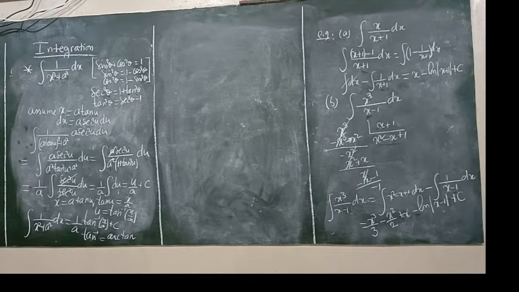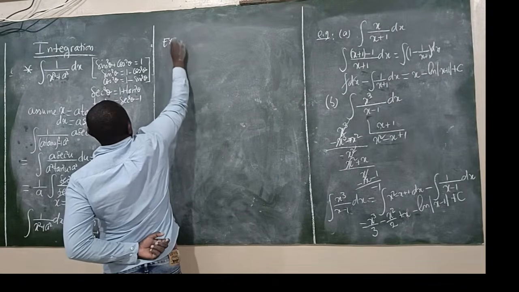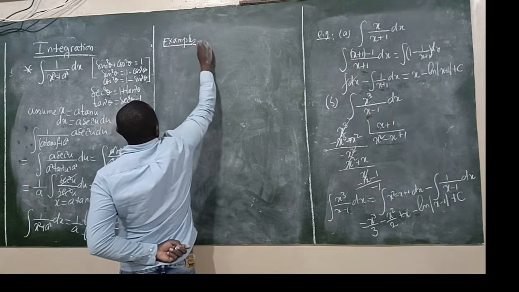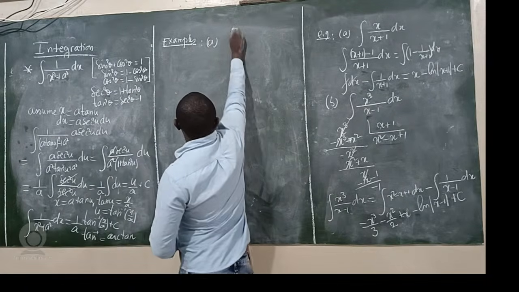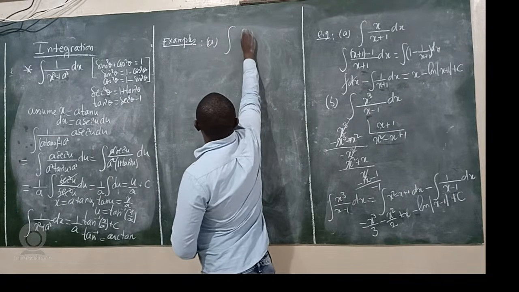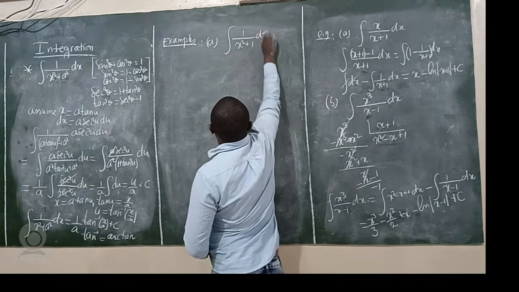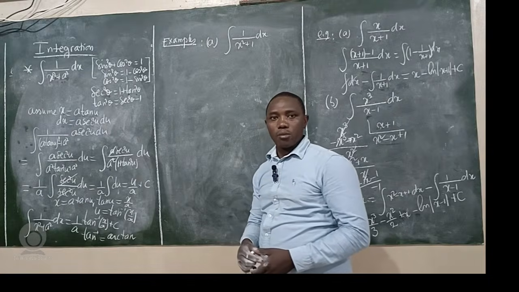Let's have examples now. Example A, the integral of 1 over x squared plus 1 dx. Let's do it step by step, guys.